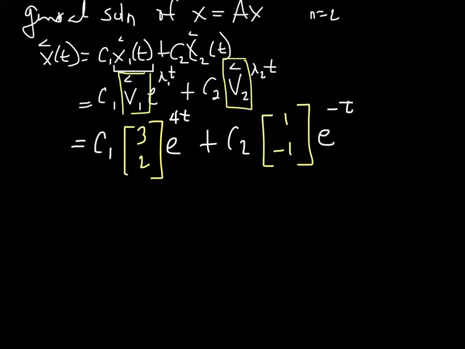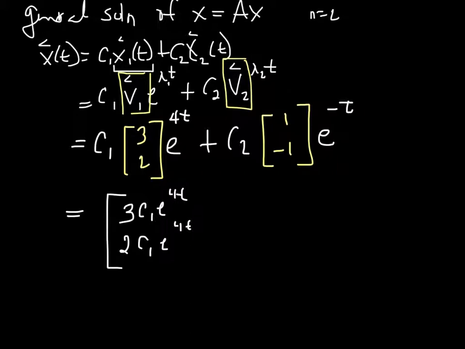We're basically done, but we can simplify this a little bit, and you'll notice in the back of your book they simplify it by multiplying all this out. So just quickly, scalar multiplication with c1 and e to the 4t: I have 3c1 e to the 4t, 2c1 e to the 4t.